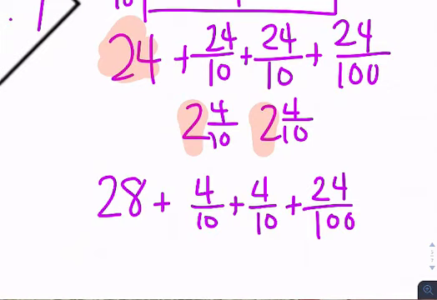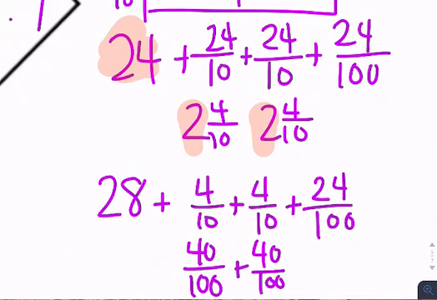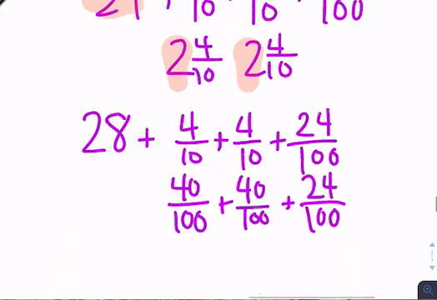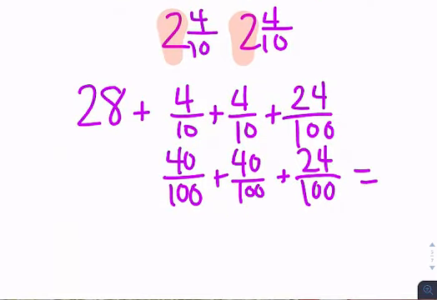So 4/10 plus 4/10, those are 80 100ths. Plus 24 over 100. And I get 104 over 100.